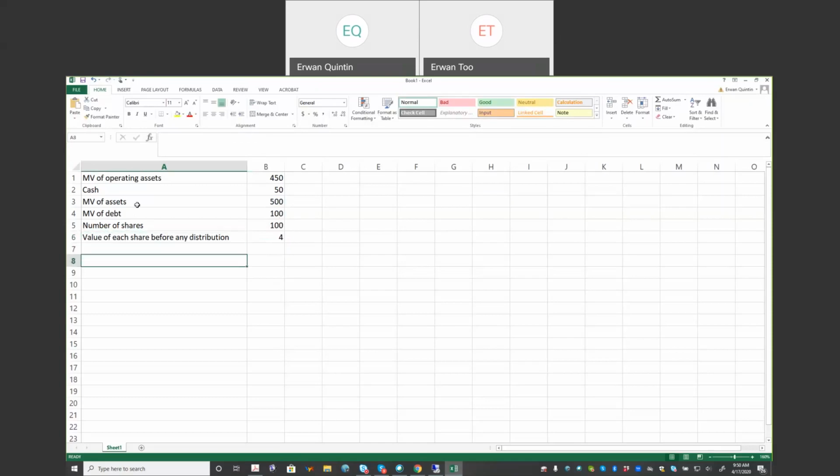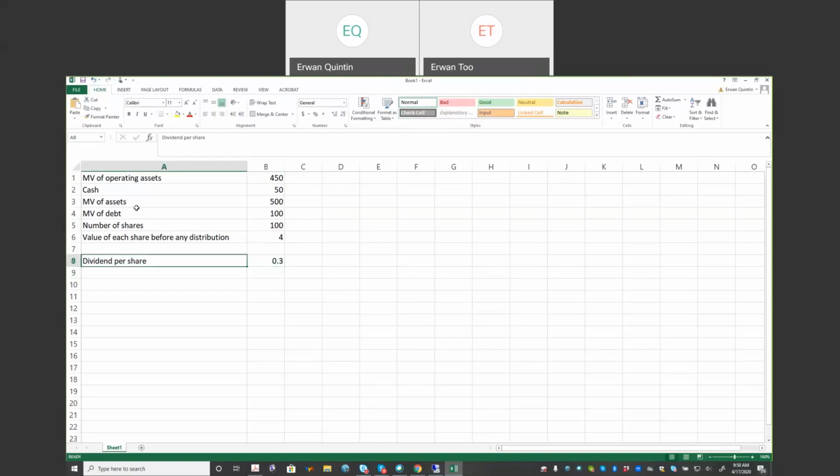Now let's distribute. Let's assume that this corporation wants to distribute, and specifically, it's going to give a dividend per share of 30 cents. Okay, so we're going to distribute 30 cents per share, and of course there are 100 shares, so that's something that is going to cost $30 million to this corporation.